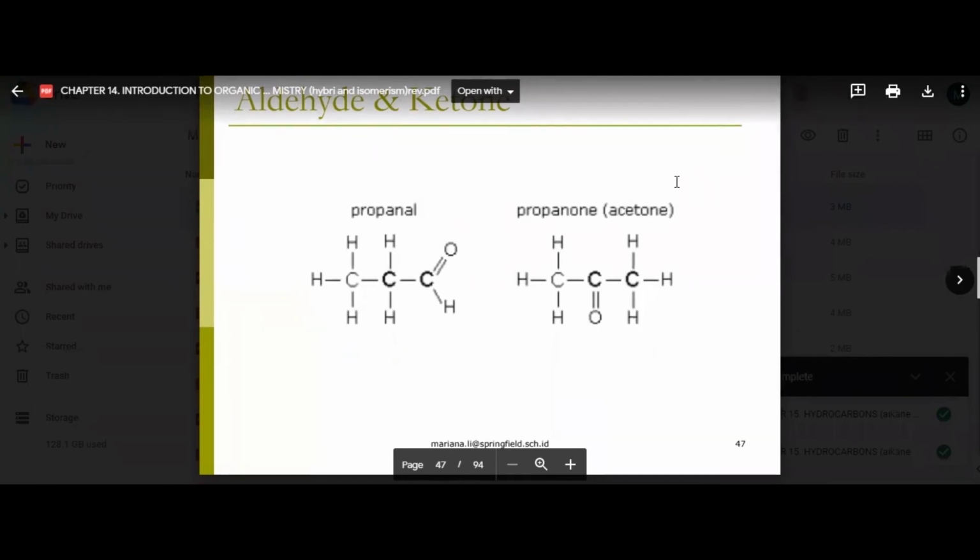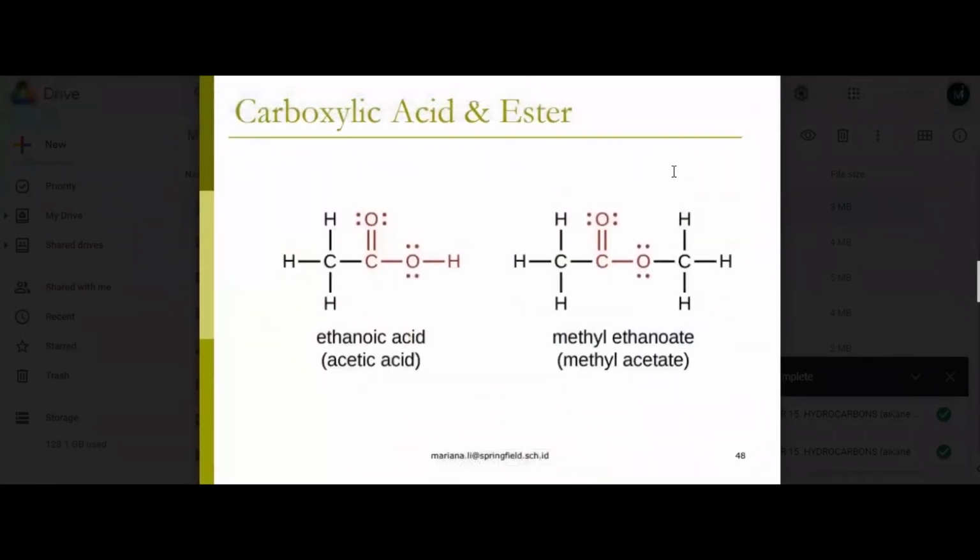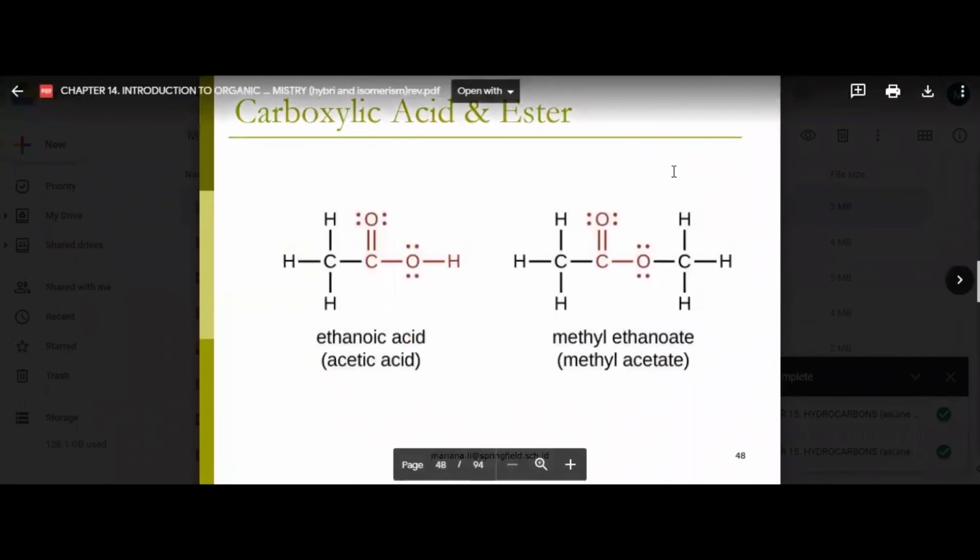One more functional group isomerism is carboxylic acid and ester. Ethanoic acid is C2H4O2, right? Methyl ethanoate, C3H6O2, is not an isomer of this, since the molecular formula is different. So these are not functional group isomers.